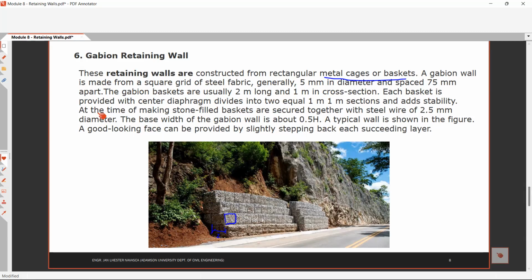Okay. At the time of making, the stone-filled baskets are secured together with a steel wire of 2.5 millimeters diameter, or the base width of the gabion wall is about 0.5 each, typically wall shown in the figure. Okay, so a good-looking face can be provided by slightly stepping back, para siyang magkakaroon ng stepping stone, dun sa gabion walls mo on each succeeding layer.